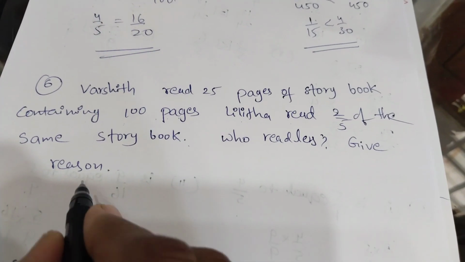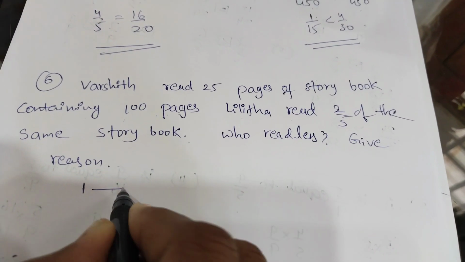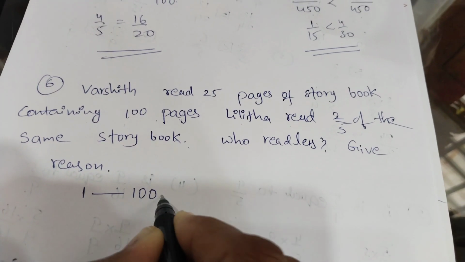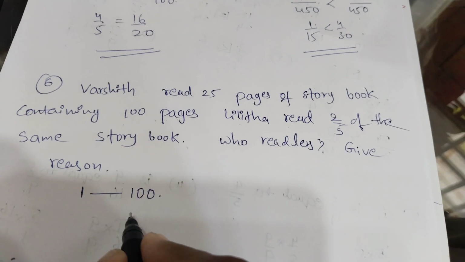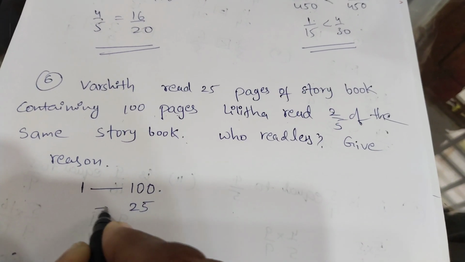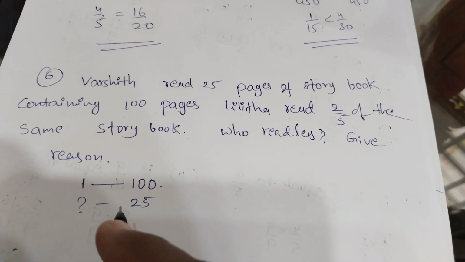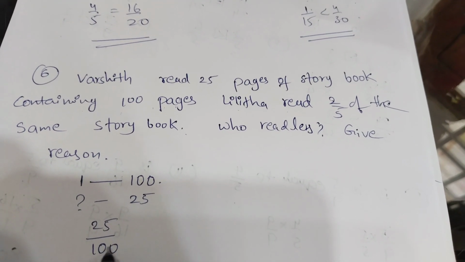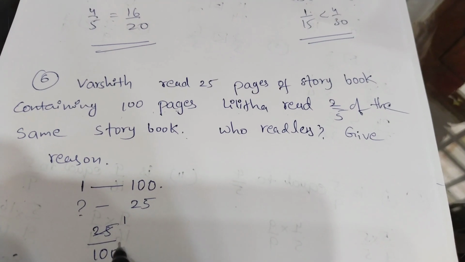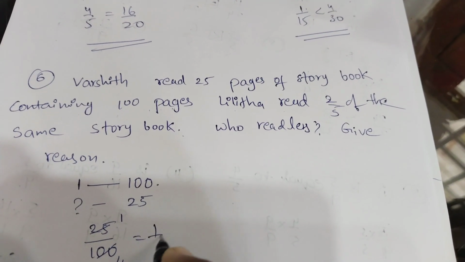So if the given book is one whole part, the book is having 100 pages. So Varshit read 25 pages. Okay, 25 pages, how much part? 25 by 100. Okay, so 25 and 25 4s are 100, so 1 by 4.